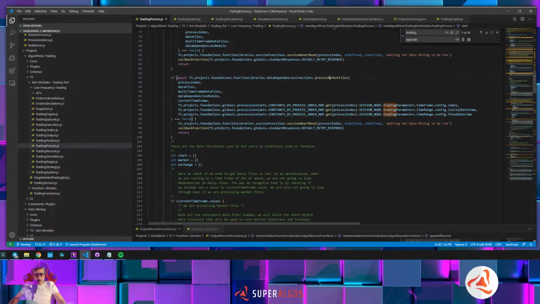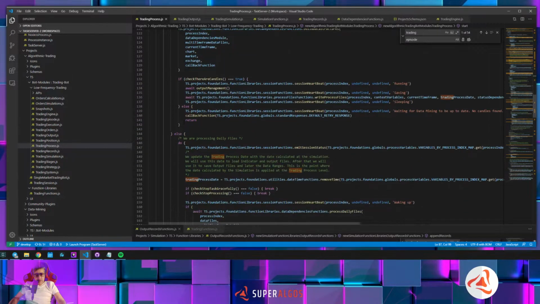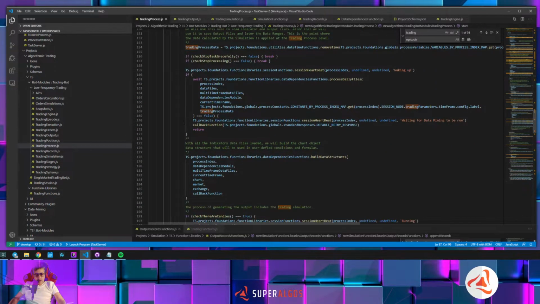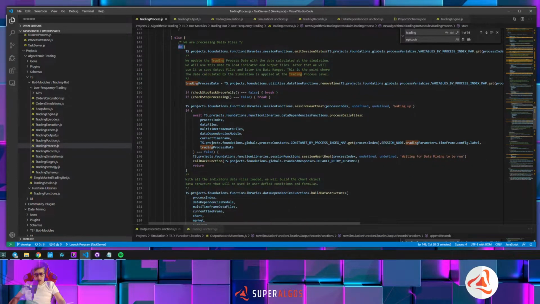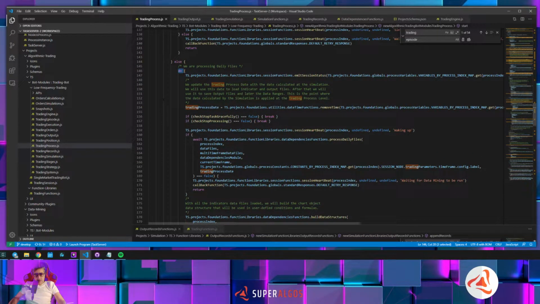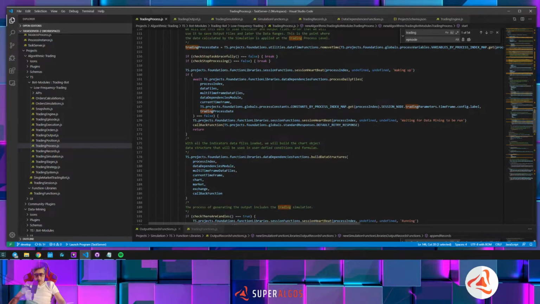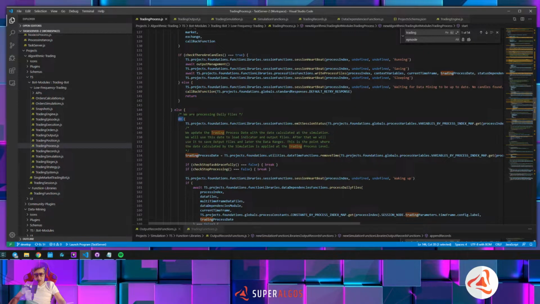I'm looking because here there is also a loop. You see here a do. When we are in daily files, we are going to loop through all the daily files. When we are on market files, we are just not going to be inside this loop.